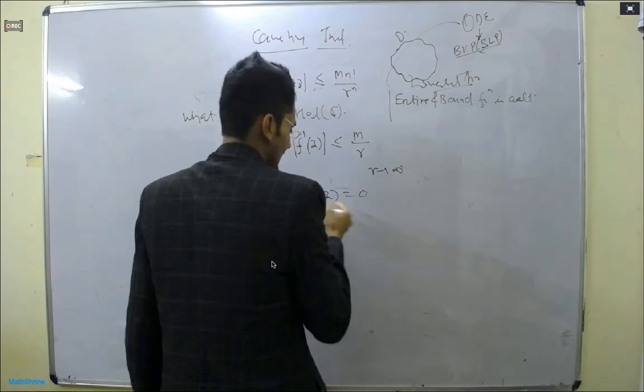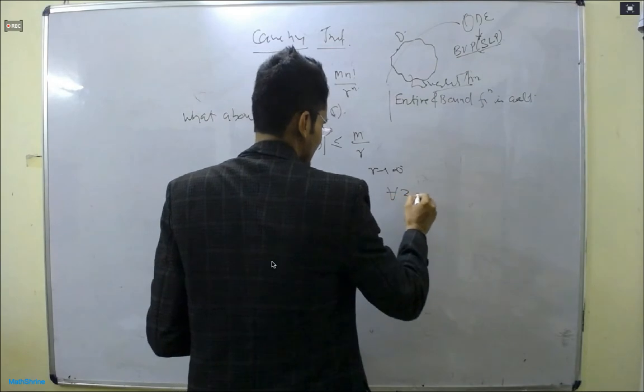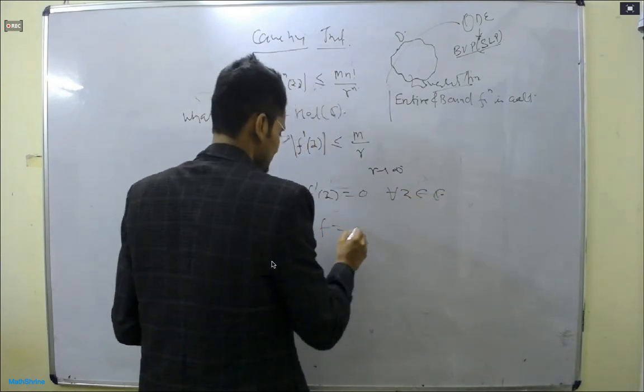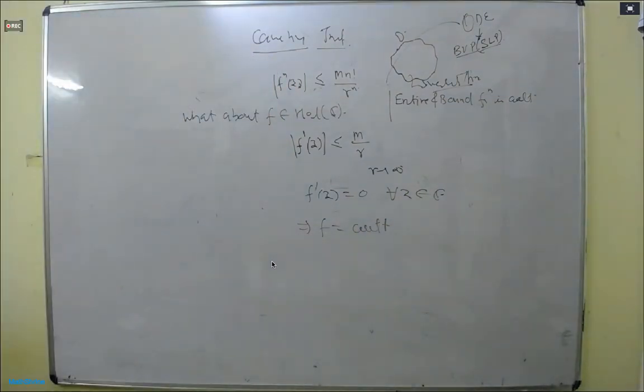I am giving you 1 minute. Please think and tell me. Is it correct? See, bounded is given, entire is given. Bounded means this M will be fixed even if r tends to infinity.